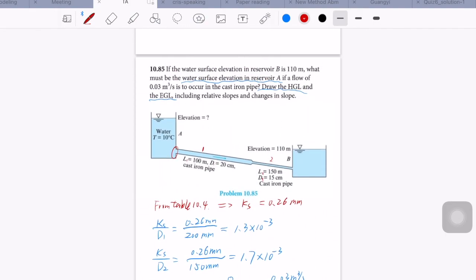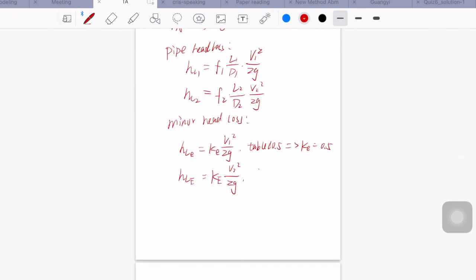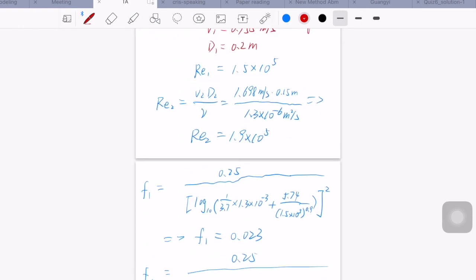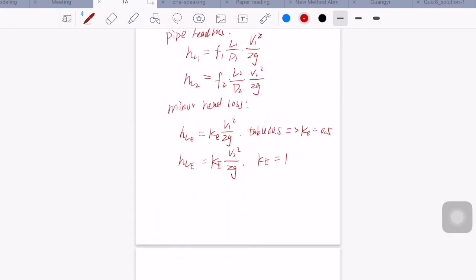So this is the outlet, and we know K uppercase E should be equal to 1. And then there is head loss after the contraction. So HLC should be equal to KC times V2 square divided by 2g, and from table 10.5 we can determine that the coefficient for the contraction head loss is 0.06.